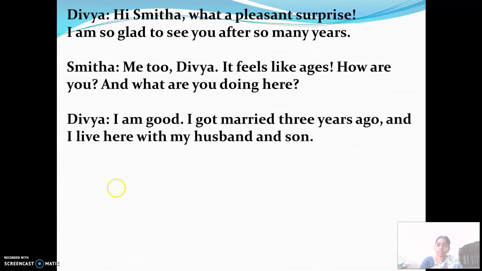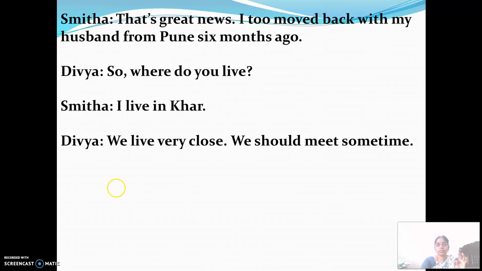Now Divya is saying: I'm good. I got married 3 years ago and I live here with my husband and son. Smita: That's great news. I too moved back with my husband from Pune 6 months ago. Divya: So where do you live?